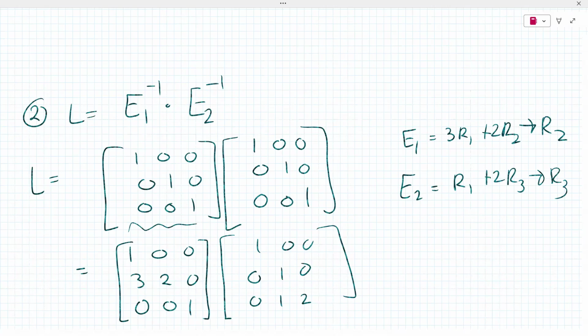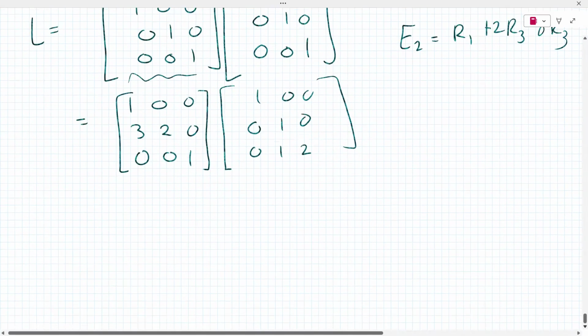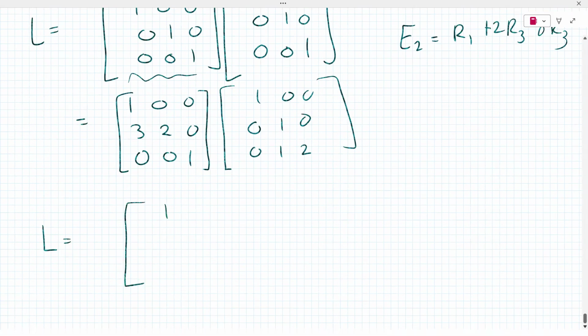I believe if you multiply those two matrices, you're going to get L equals 1, 0, 0, -3 halves, 1 half, 0, 0, -1 half, and 1 half.